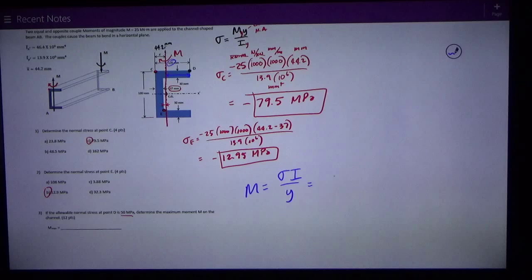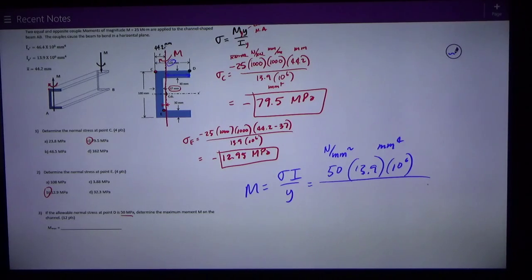So my allowable bending stress is 50 megapascals, which is newtons per millimeters squared. I is still, it's y-axis bending, so I'm dealing with Iy, 13.9 times 10 to the 6th. That's millimeters to the 4th.